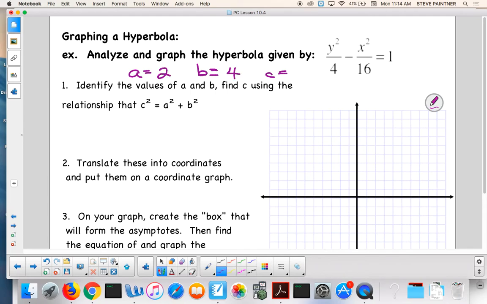How about c? Don't you follow this? c squared equals a squared plus b squared, right? If you want c, guys, c squared is equal to 4 plus 16. c squared equals 20. c is the square root of 20.